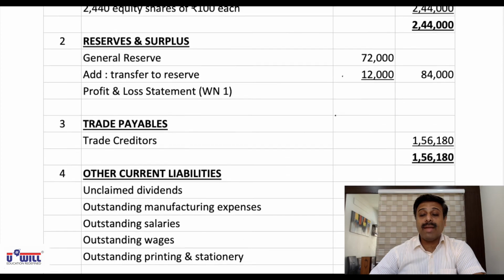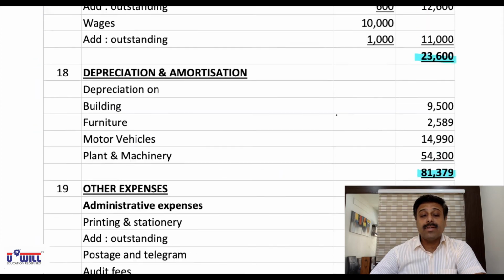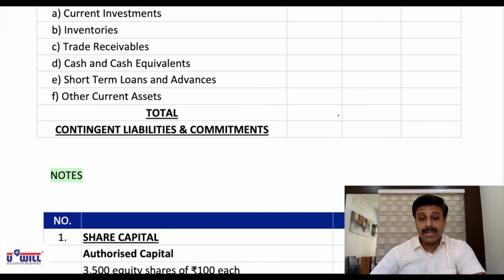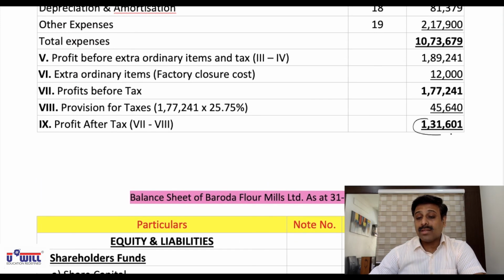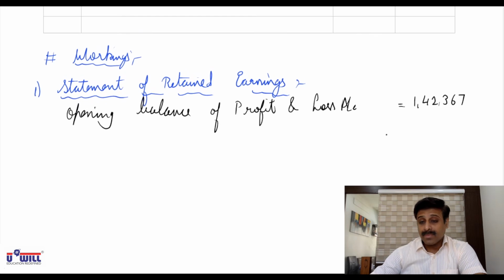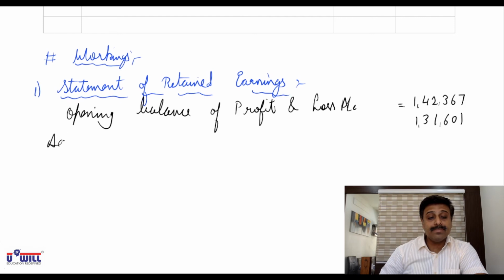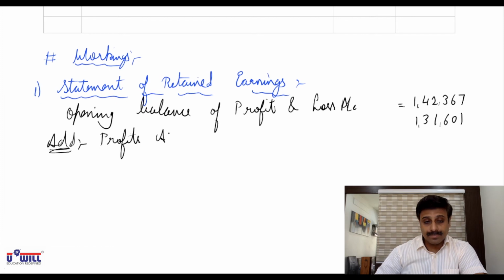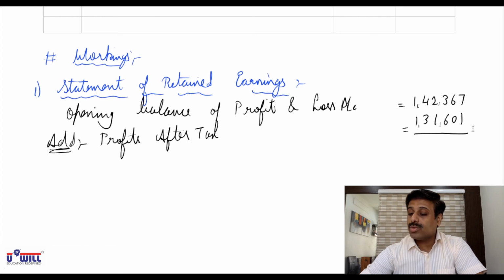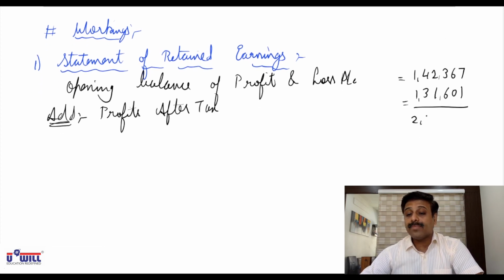Then after the opening balance, we have to add the profit after tax from the P&L statement, 131,601. So 142,367 plus 131,601 comes to 273,968.